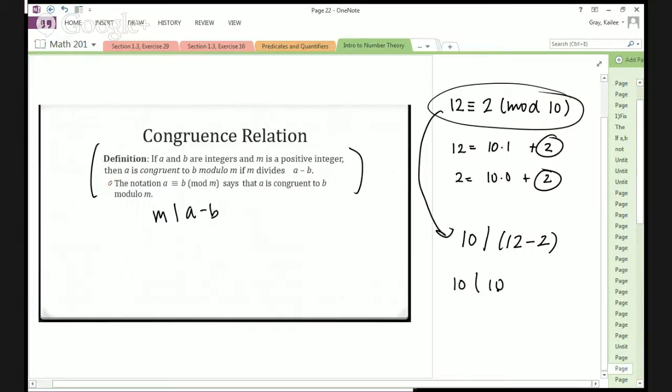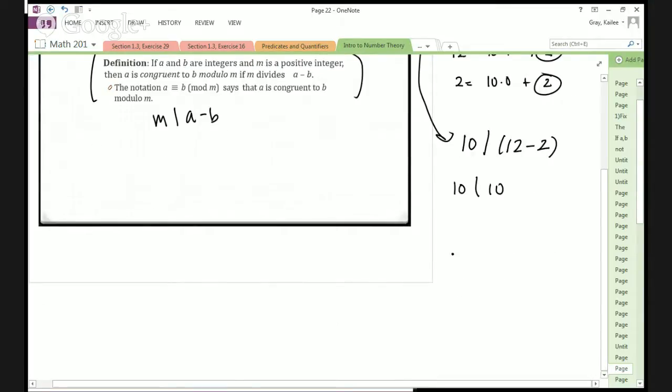Let's do a more complicated example to see this more clearly. Let's say 37 is congruent to 22 mod 5. Because if I divide 37 by 5, I get a remainder of 2.